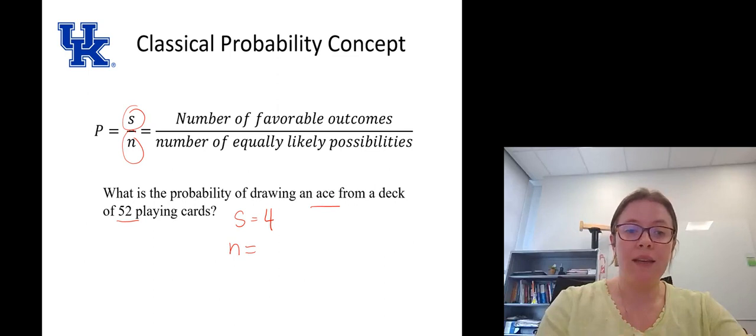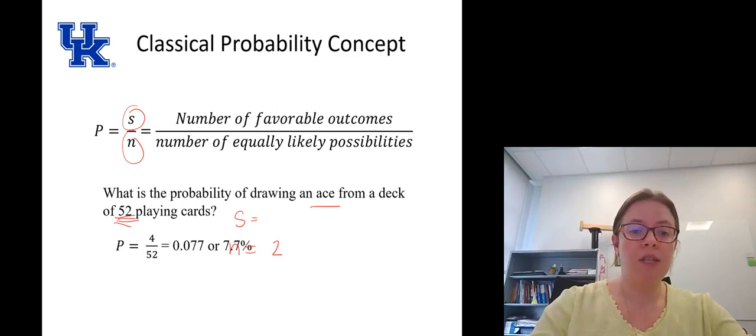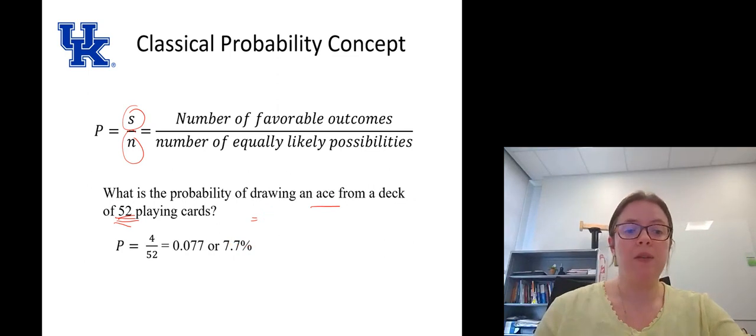Well, our N is the number of equally likely possibilities, which in this case, each time we pick a card, we have an equally likely chance of getting an ace. So we have 52 there. If we put those values into our equation, 4 divided by 52 is 0.077 or 7.7% chance of drawing an ace from a deck of 52 playing cards.